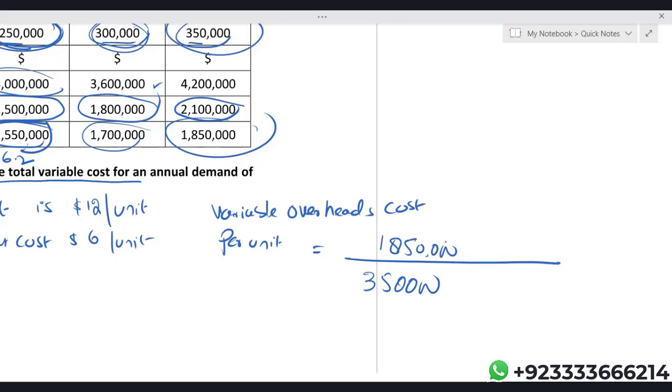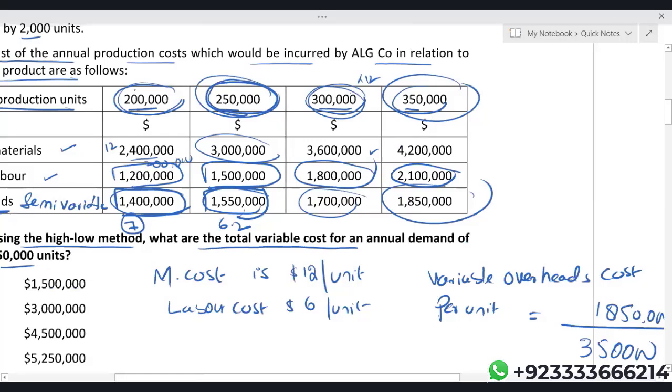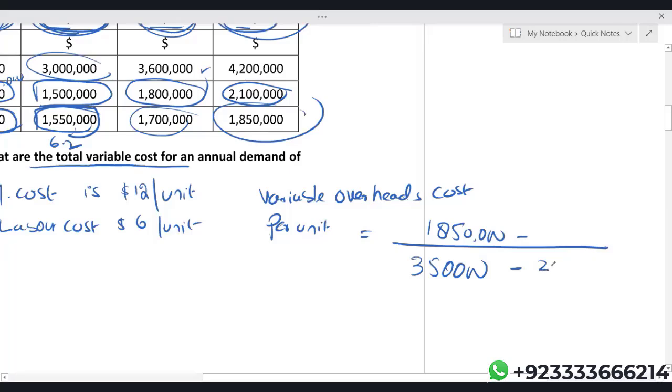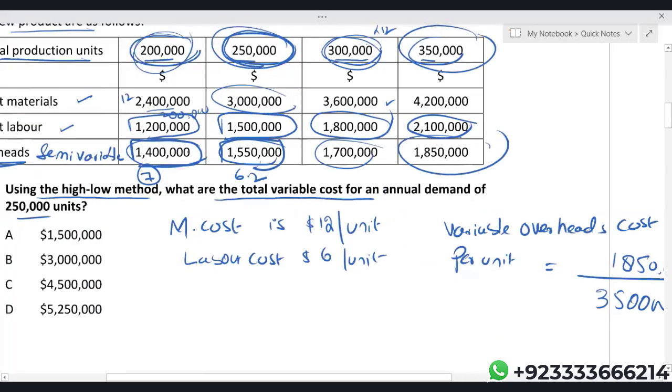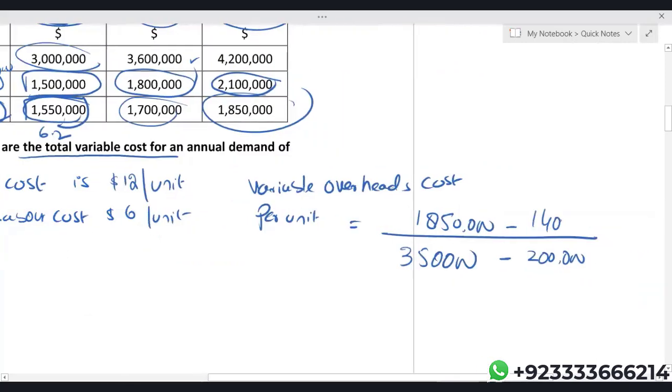Now, minus the cost at the lowest activity level. The lowest activity level is 200,000, and the cost at the lowest activity level is 1.4 million. So how do we use the high-low method? Cost at the highest activity level minus the cost at the lowest activity level, divided by the highest activity level minus the lowest activity level.